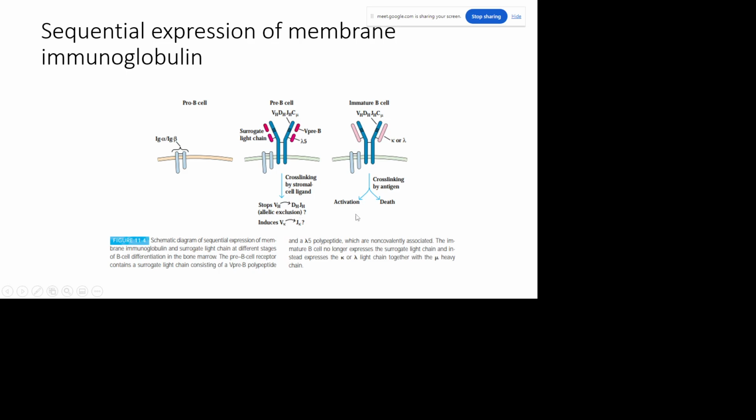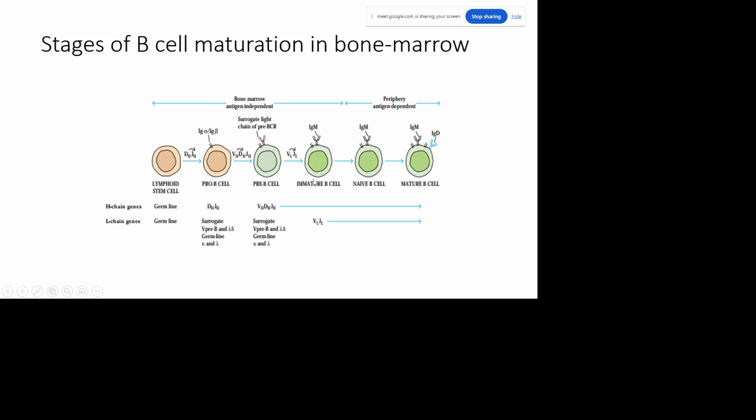So, this can be cross-linked by stromal cell ligand, and that will stop this VDJ allelic exclusion. So after that, from pro to pre B cell, the next step is immature B cell, that occurs by VLJ recombination.